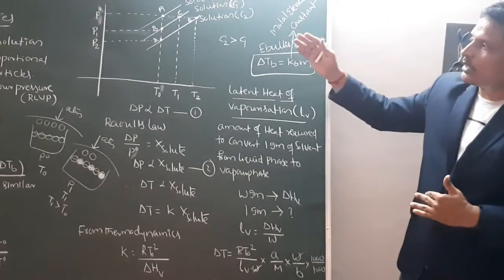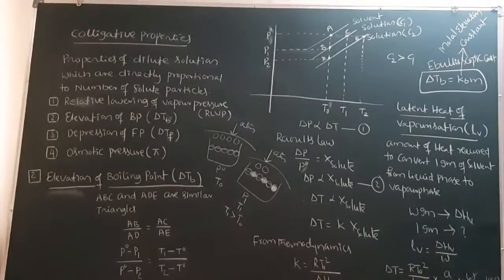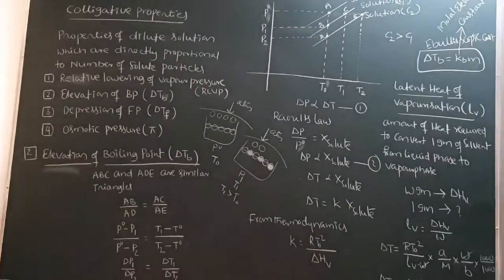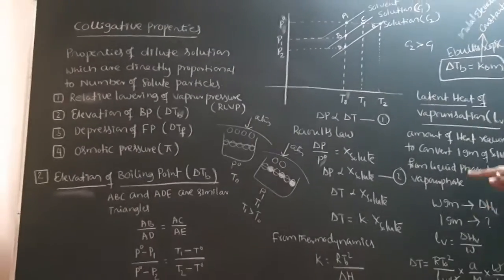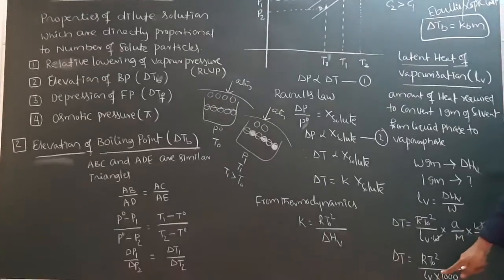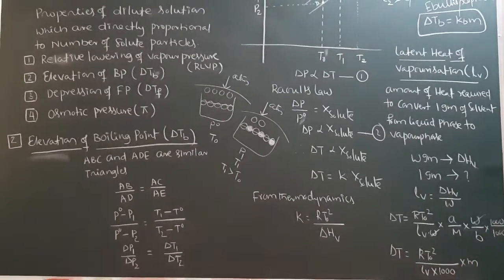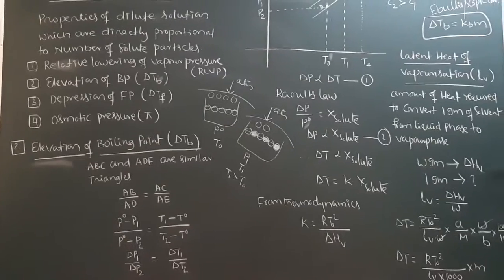So this is the second colligative property, called elevation of boiling point. You have to remember the important relations. Delta Tb is equal to Kb into m, and also remember the formula Kb is equal to RT naught square by LV into 1000, and also LV is equal to delta HV by W. Three points: first, delta Tb is equal to Kb into m. Second, Kb is equal to RT naught square by LV into 1000.